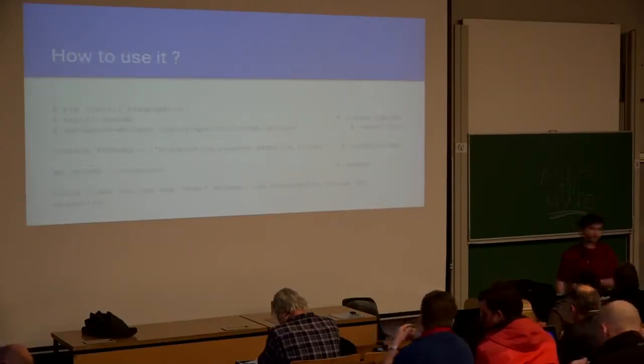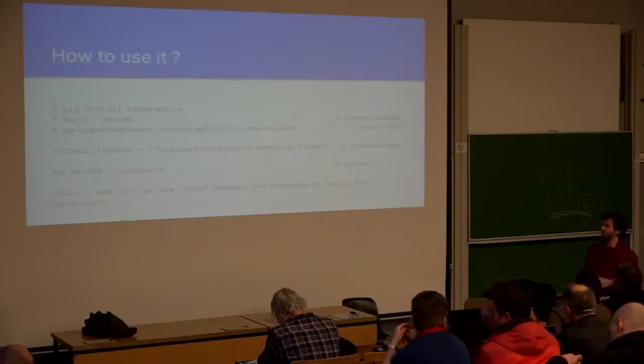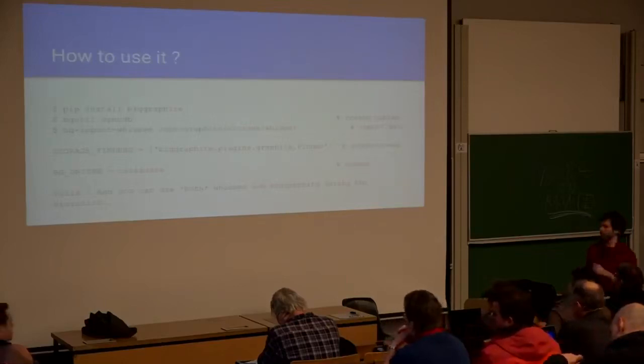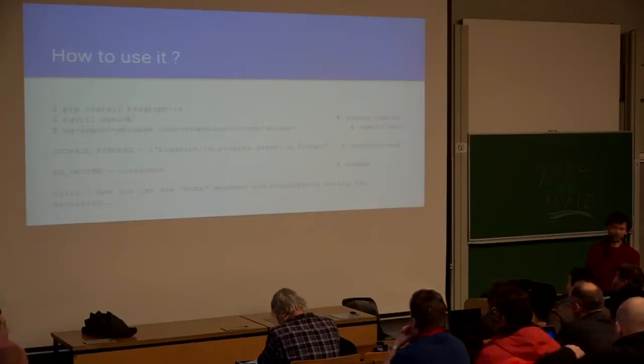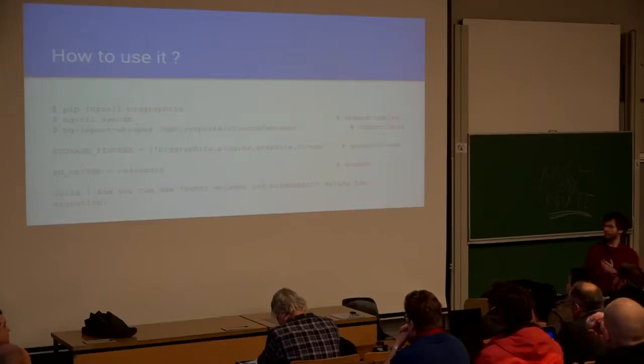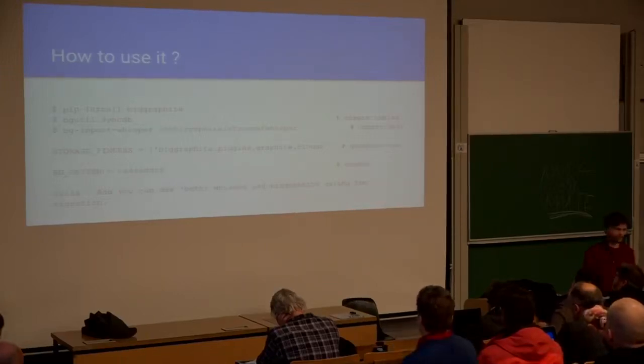And how can you use it? It's pretty simple actually. You just pip install BigGraphite, create the schema, import the data from Whisper, set the storage finder to BigGraphite in both graphite-web and Carbon, and you're done.